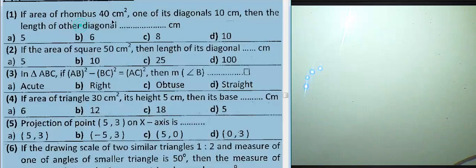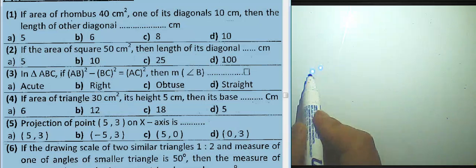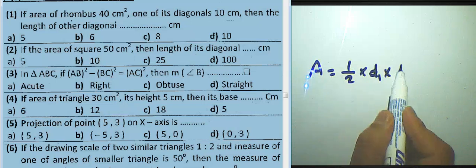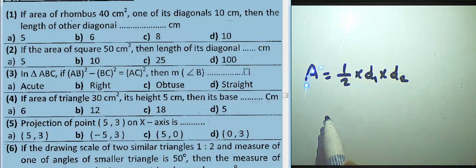The area of a rhombus is 40 square centimeters, one of its diagonals is 10 centimeters, then the length of the other diagonal equals space. We can write the rule for the area of a rhombus. We know the area equals half multiplication by diagonal 1 multiplication by diagonal 2. He gives us the area equals 40 square centimeters.